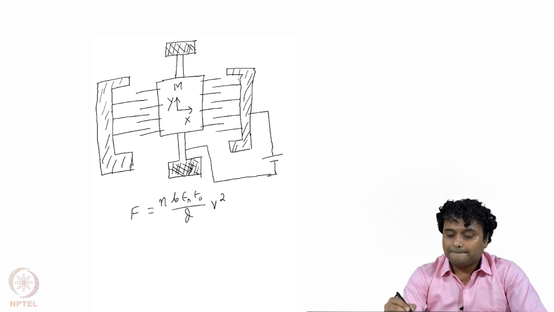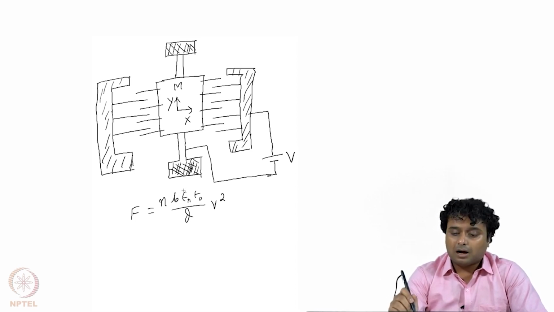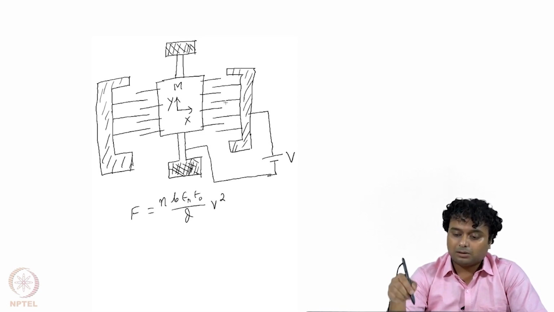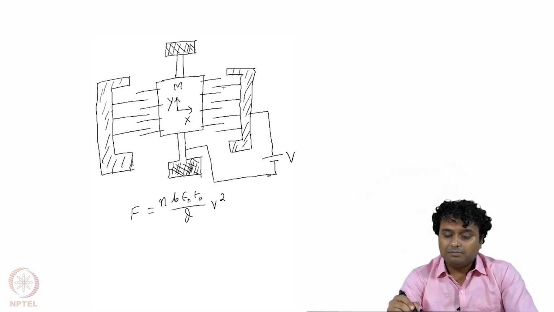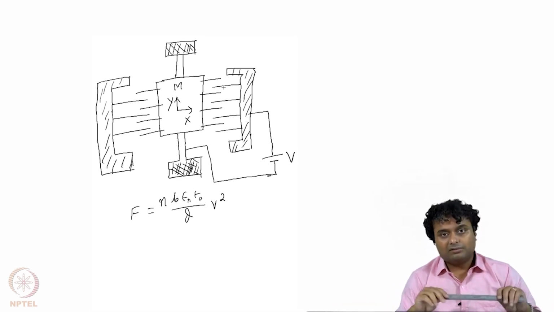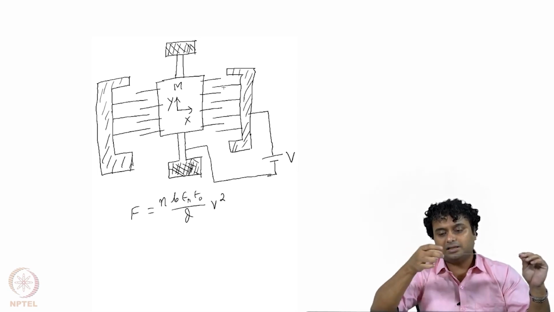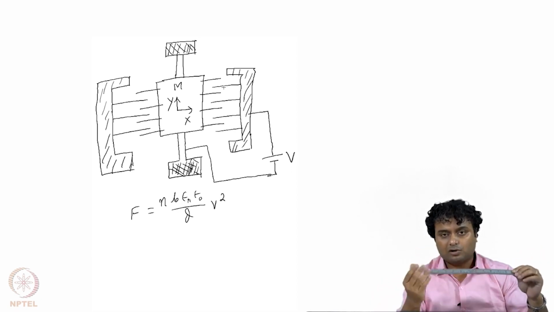Here the important thing is that this is v potential. Important thing is this b is the width of each comb, means it is out of the plane, like in the paper, out of the plane displacement. Here this b is the width of the beam, means if this is the comb, and if this is moving in between the other two combs like this, then this b is this width, right, which is perpendicular to the plane of the paper, because I am drawing it like this.